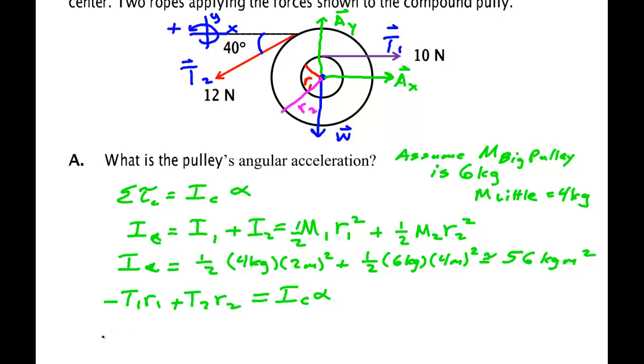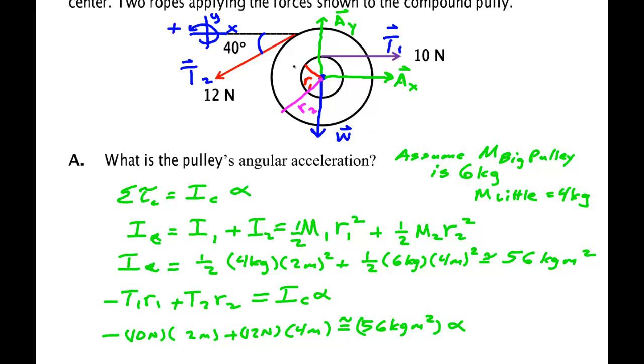So looking at this, I have minus 10 newtons times 2 meters plus 12 newtons times 4 meters is approximately equal to 56 kilogram meters squared times alpha.